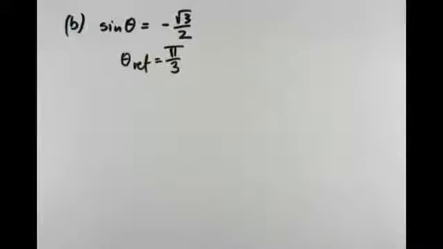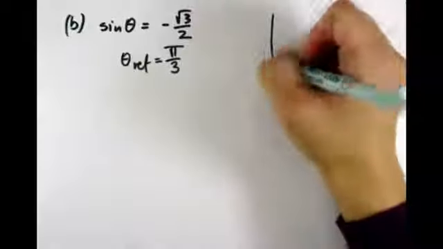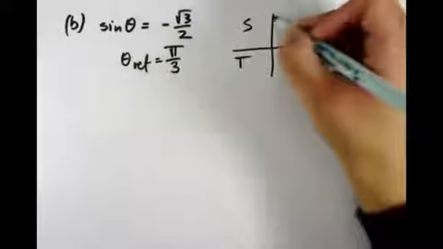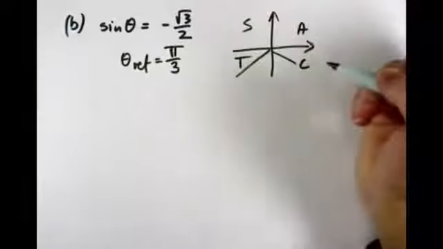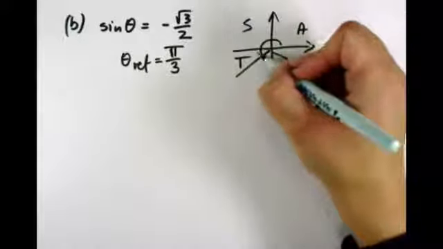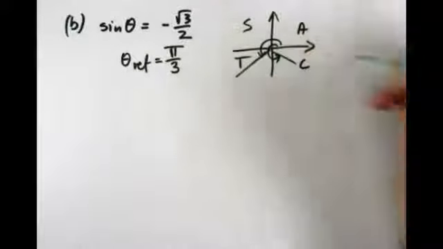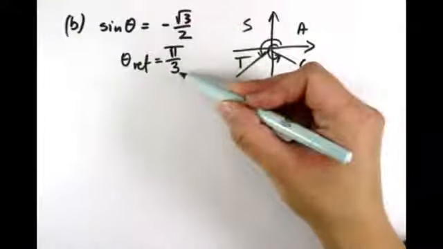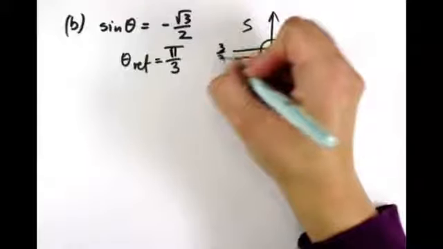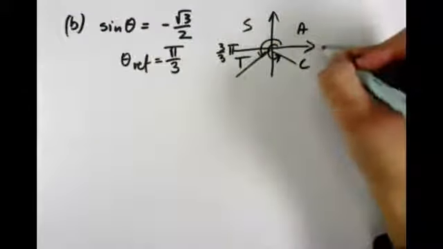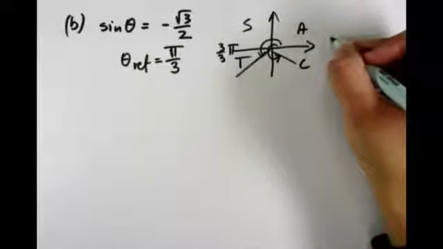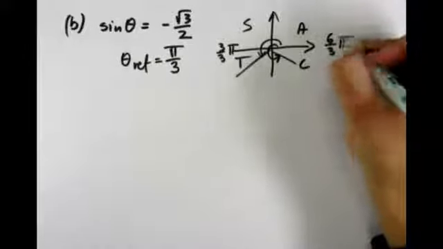Now I'm checking where my sine is negative. Sine is negative in this quadrant and in this quadrant. So I need to get this angle and I need to get this angle. Here is pi, in terms of thirds it is 3/3. And this is 2 pi if you go the whole revolution. So 2 pi, 2 in terms of thirds is 6/3 pi.